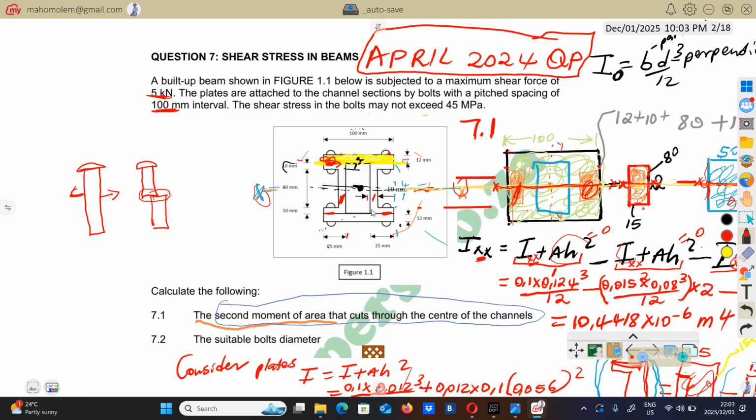So the number of rows, this thing will be like this. So you'll have bolts here. You're going to have this row here and then the row of bolts here. So you'll have 2 rows.